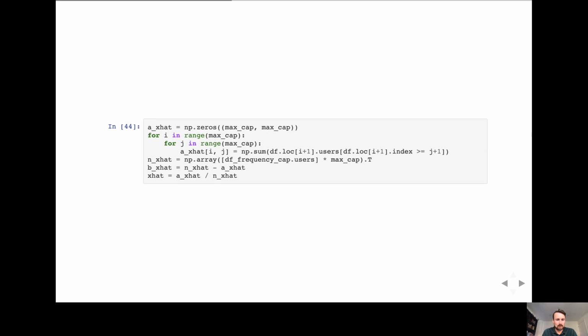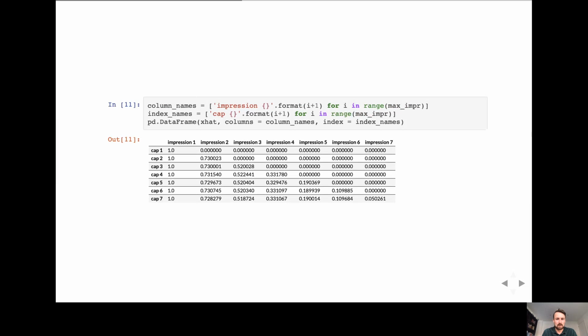So for estimating the x hats, it's actually really easy. We can just calculate the sample averages, so the average probability of getting a specific amount of impressions given a specific frequency cap. Here you can see what the data looks like. As our rows, we have the different frequency caps, and in our columns, we have the first impression, second, third, fourth, fifth, sixth, seventh.